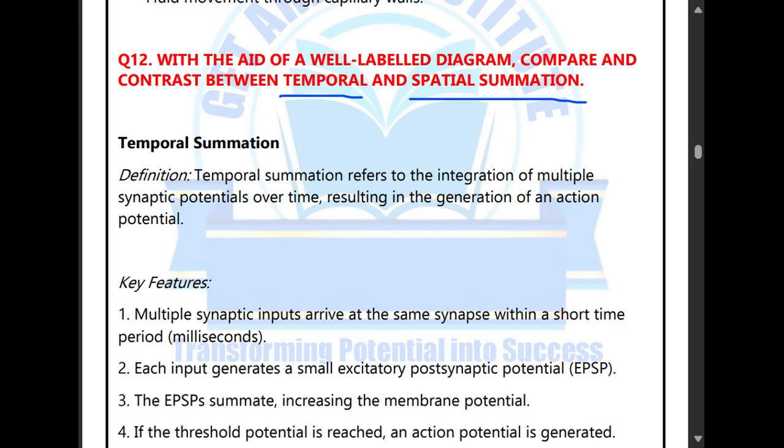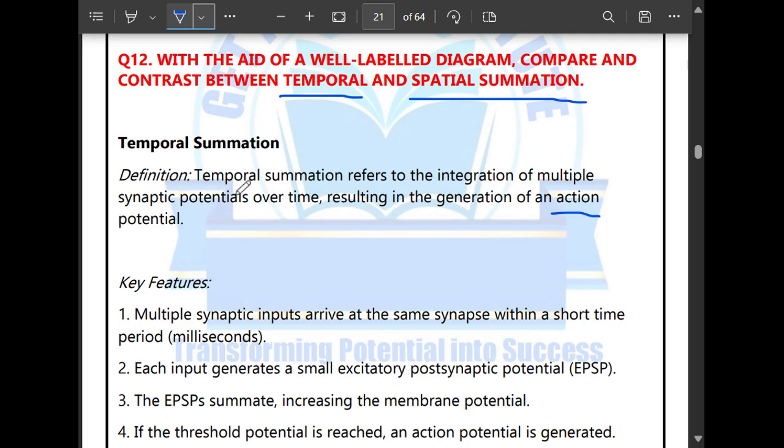Talking about temporal summation, temporal summation refers to the integration of multiple synaptic potentials over time, resulting in what? In an action potential.